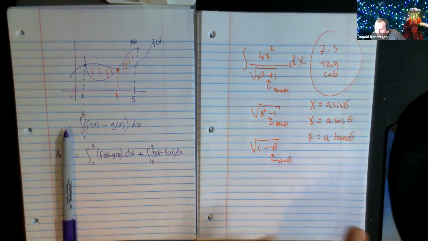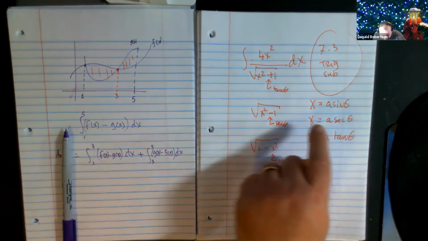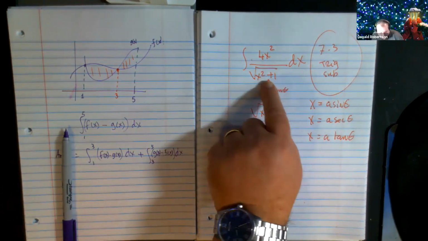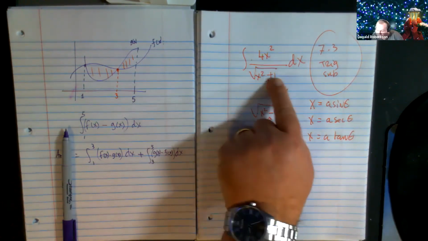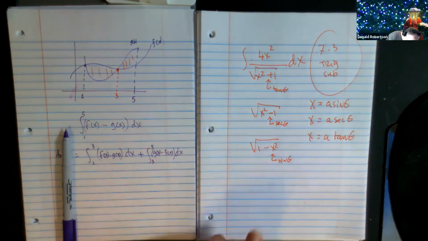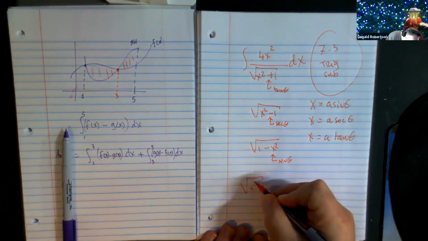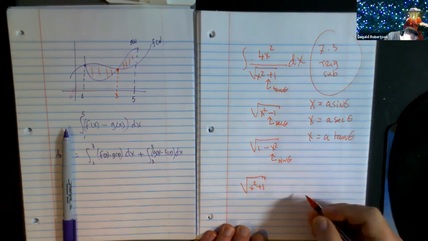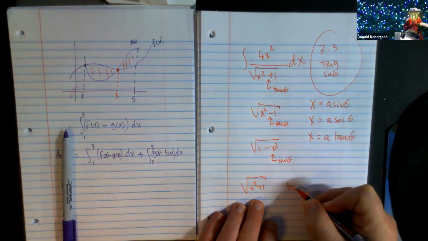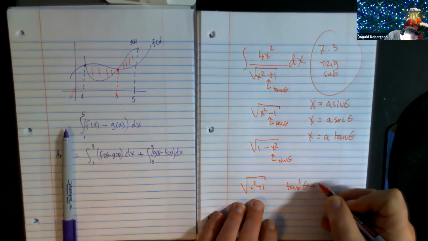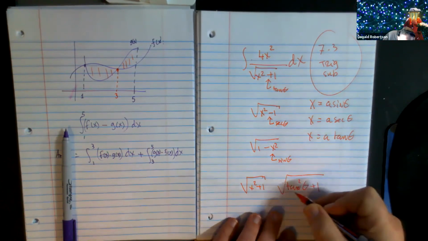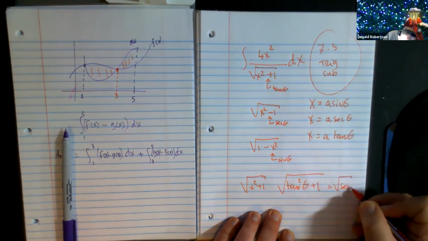You know that you've picked the right one because you could have picked the wrong one. See the bit that's the square root. You forget about everything else, but see the bit that's the square root. In this case, say it's x squared plus 1. If you type in tan squared theta plus 1, that becomes secant squared.